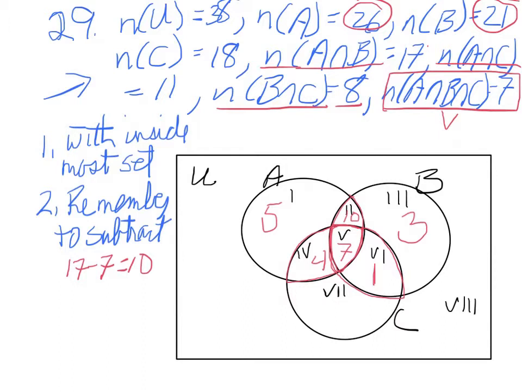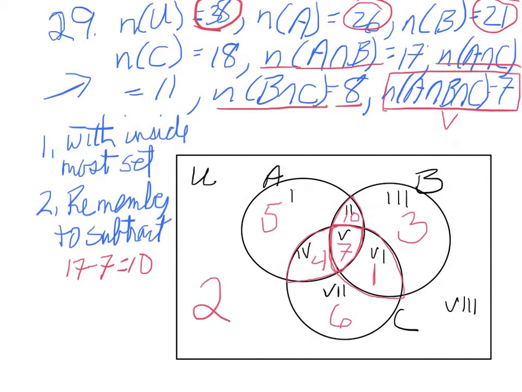And we can continue to find set C. And then now we can do the universal set, which says 38 total. But I have 5 plus 10 plus 3, 18, 19 and 11 is 36. So the universal has 38 total. So 38 minus 36 is 2.